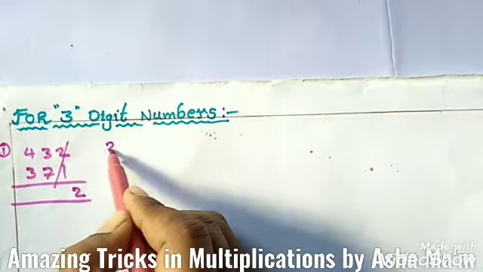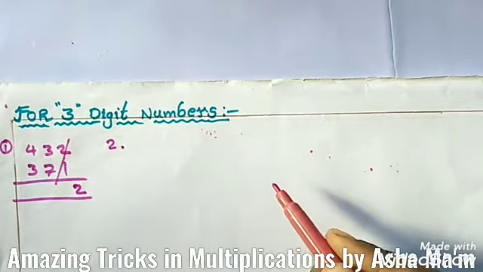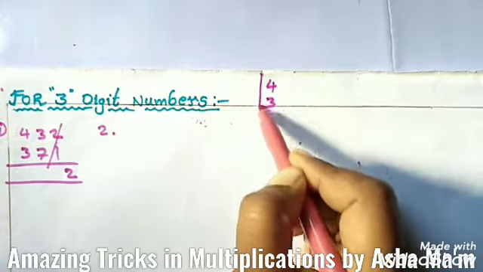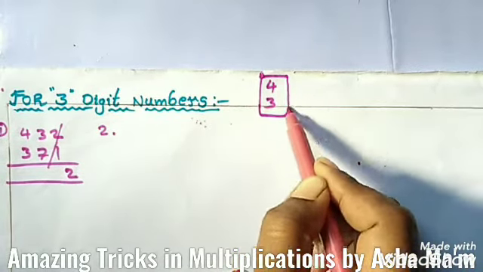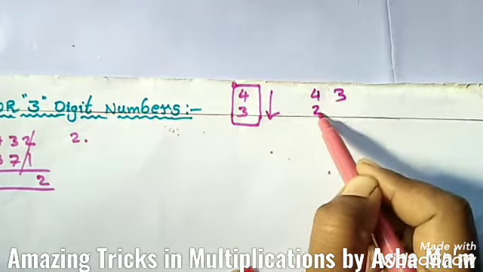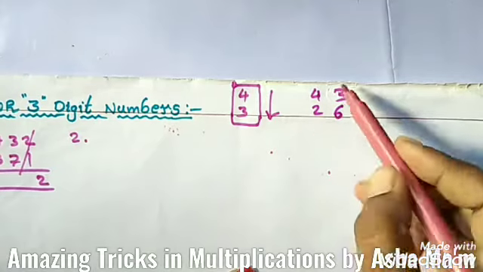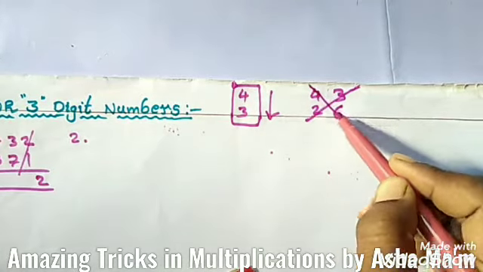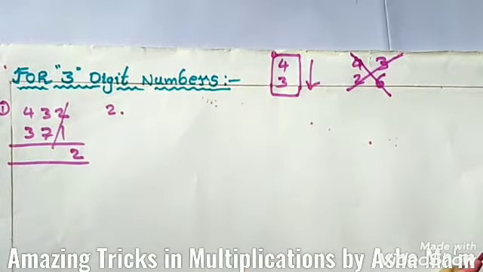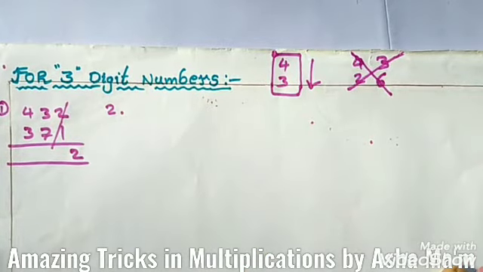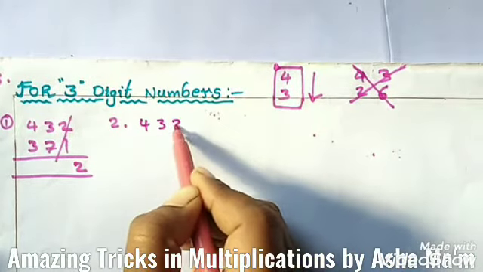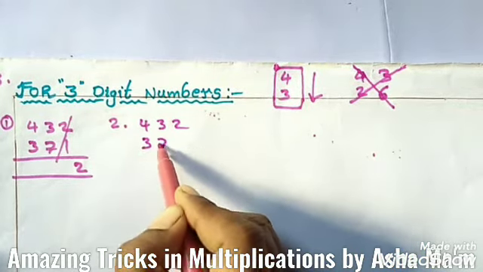Now in second step, suppose students, if you have numbers just like this, here vertical multiplication is possible. And if you have numbers like this, in this case there is a possibility of cross multiplication, so you have to apply these rules in this multiplication shortcut trick. In second step, again I am writing the numbers 432 371.